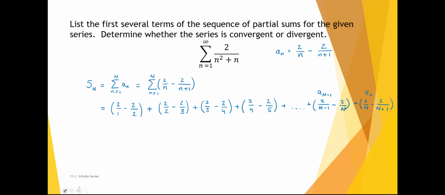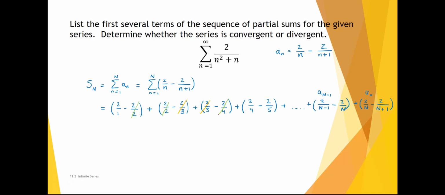Now what we can see, because many of these terms are positive and many of these terms are negative, is that we get a lot of cancellation. So the negative 2 divided by 2 and the positive 2 divided by 2 cancel out. Similarly, the negative 2 divided by 3 and the positive 2 divided by 3 cancel.